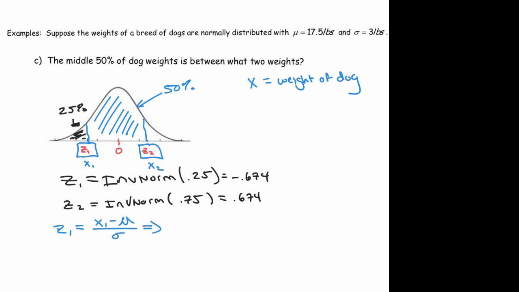So that means that Z1, which we found was negative 0.674, equals that weight that goes with it minus 17.5 divided by the standard deviation. Let's get the other one set up and we'll just do them both on the calculator. Z2 would be the weight of that other cutoff minus the mean divided by the standard deviation, which becomes this equation.